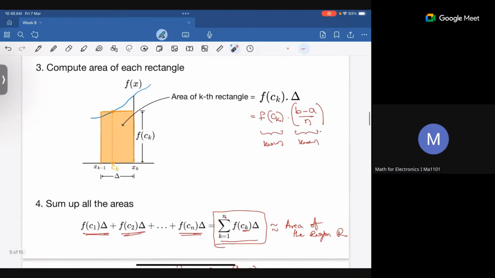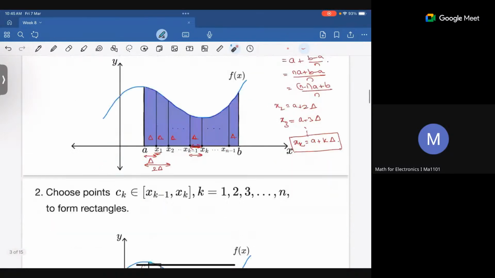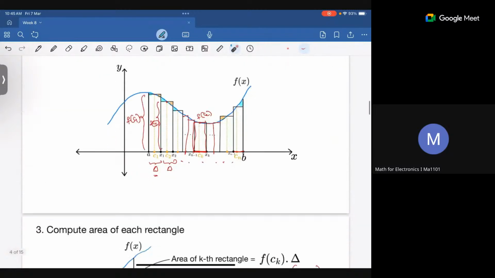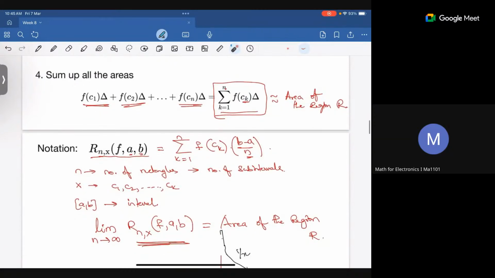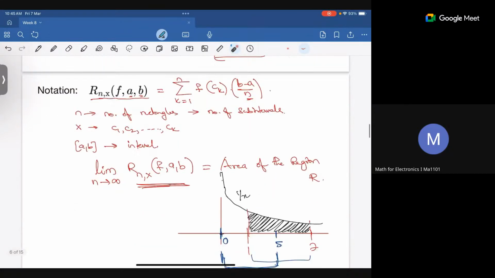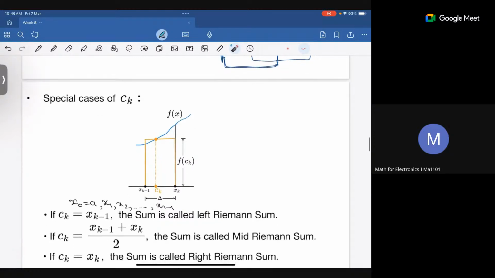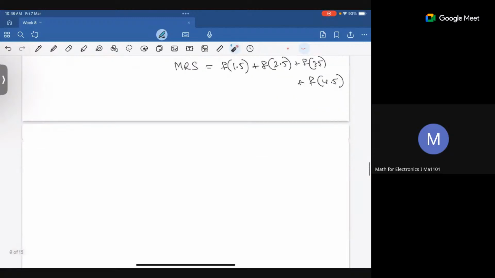So we might get confused. But if you follow these 3 steps carefully, after this session, go through the slides once again. Step 1, step 2, step 3, and finally step 4. Then it will be easier. Okay. So if you tend to forget what is happening here, then at least get the sense of how these steps are being done. Then you can easily compute the Riemann sums.